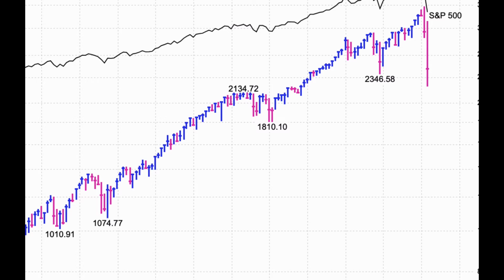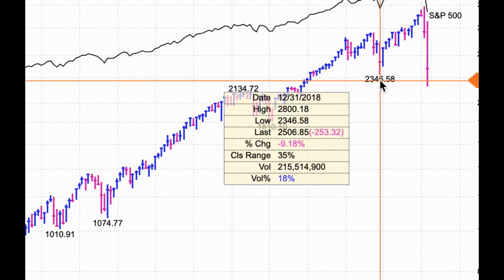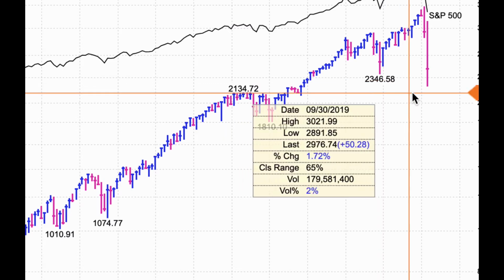Now, one thing I wanted to show you is when you're looking at market pullbacks, you want to look at places where it previously got support. So you see these areas right here, like 1810, the level of the S&P 500 back in 2016. You see 2346 back here, back in 2018.